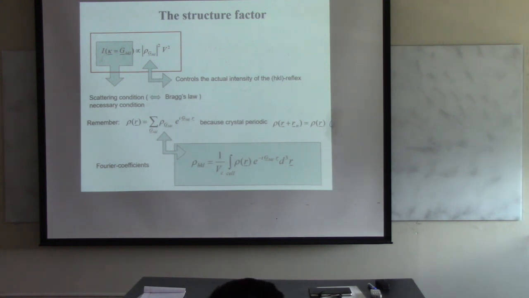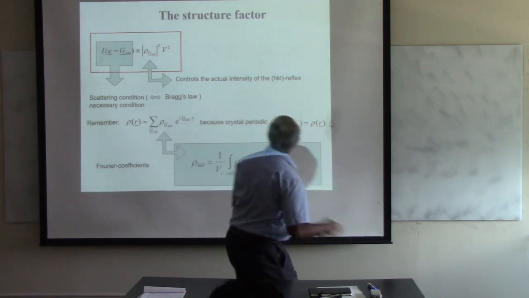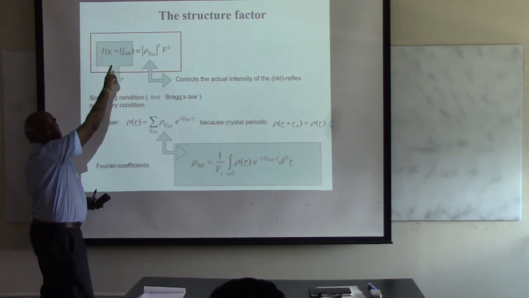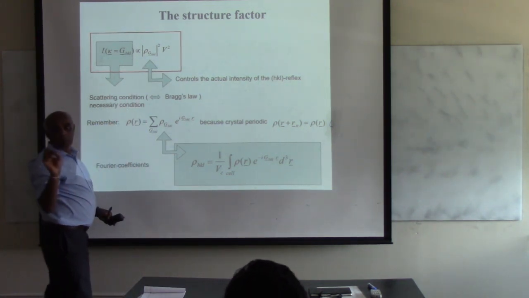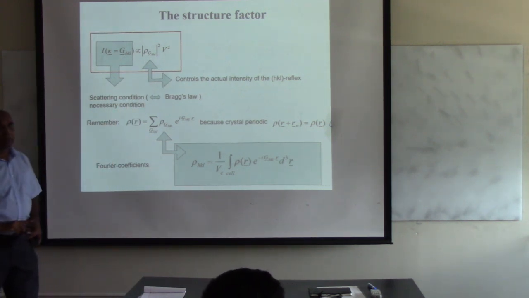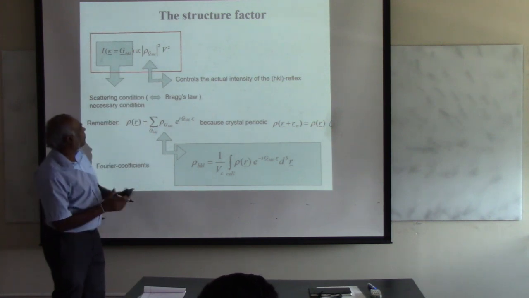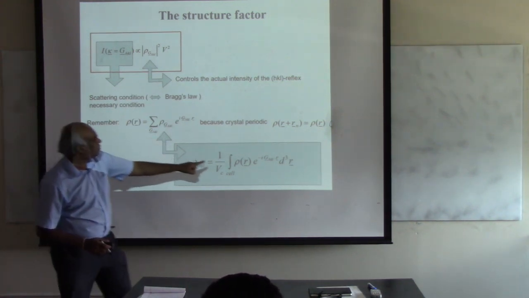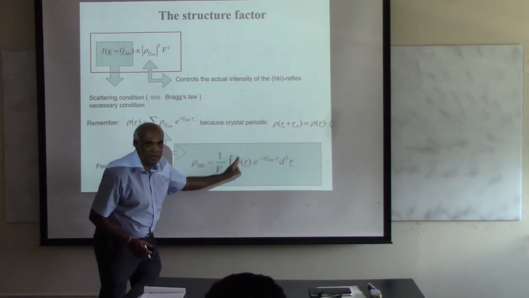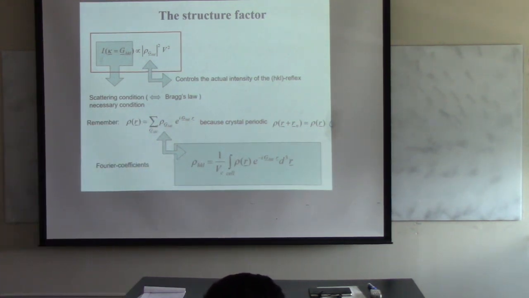This is what we discussed in the last class. What you need to understand is your scattered light intensity is the square of the Fourier transform of the charge density. That's all, right? This is the important thing: your light is getting scattered by that electron density.